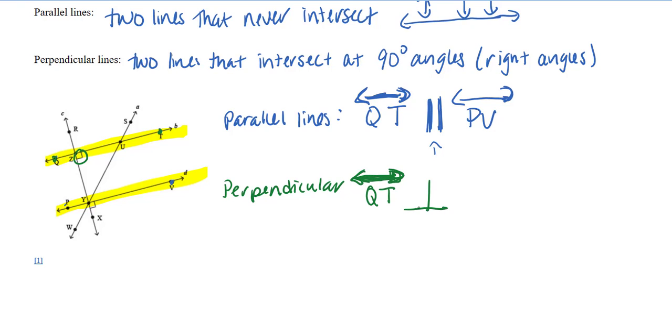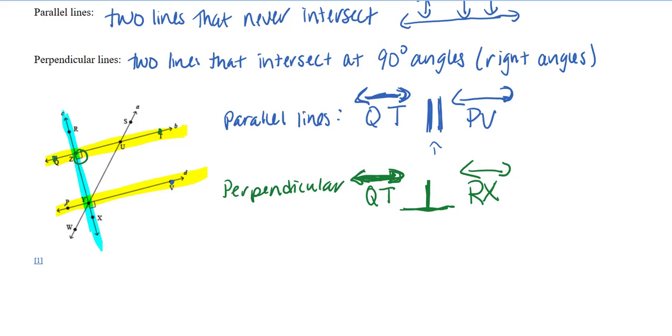It is perpendicular, so you do this symbol here to show perpendicular to this RX. So that's how we indicate parallel and perpendicular lines, by the symbols and by the certain lines.